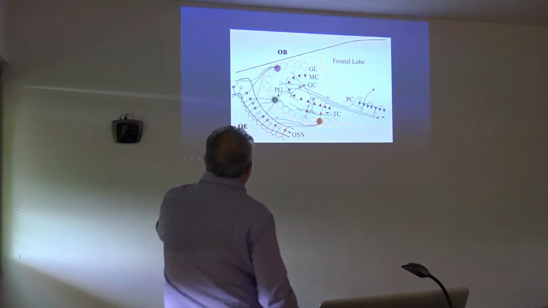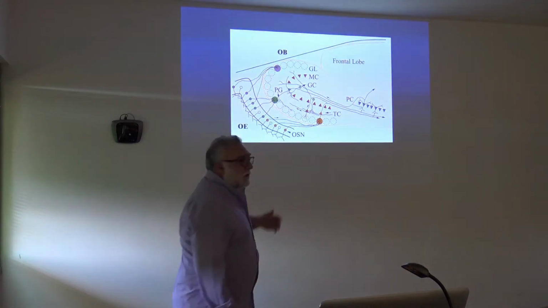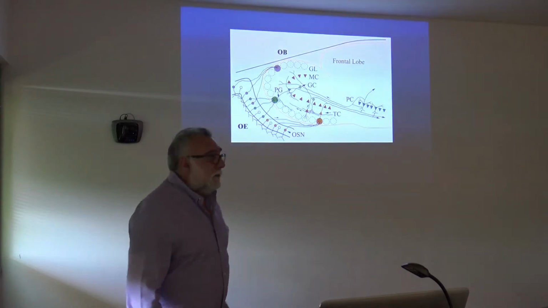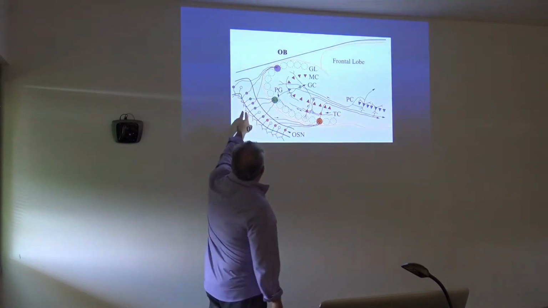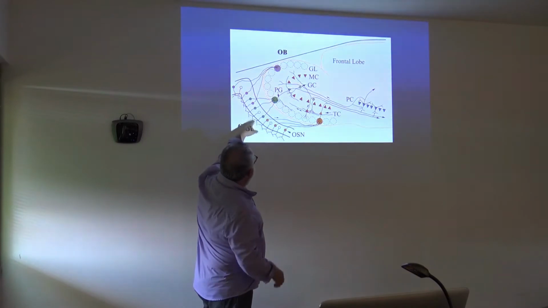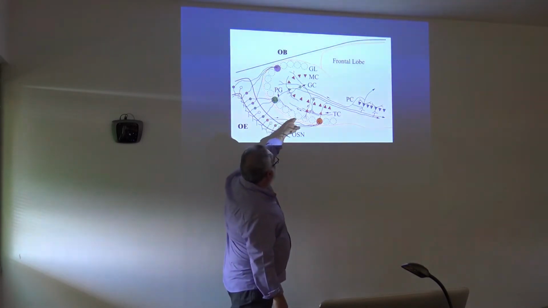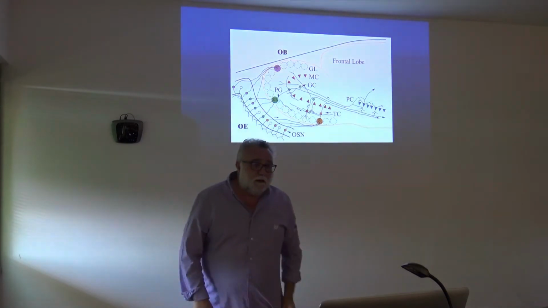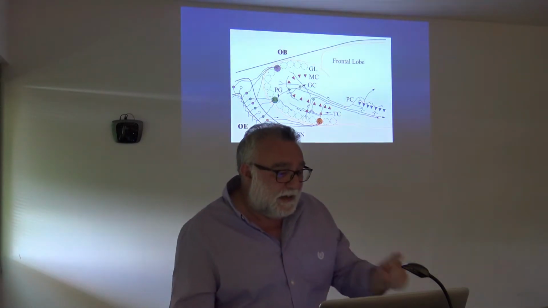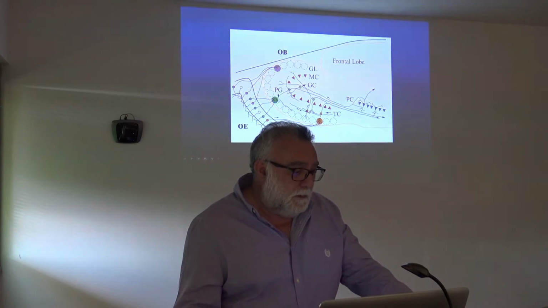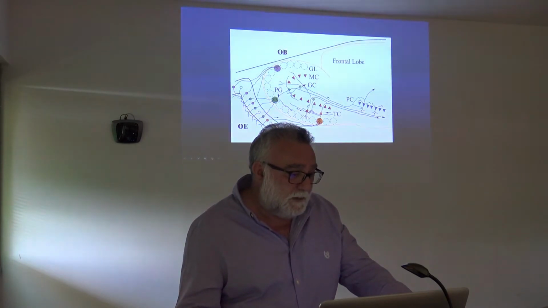I don't know if you can recognize, but this is the side view of a rat. This is the head. This is the mouth with the nose, and this is the olfactory bulb, and then there is the rest of the brain. So in one synapse, the odor activates the dendrites of these cells, which are called mitral cells, and which are modulated by a large population of interneurons.